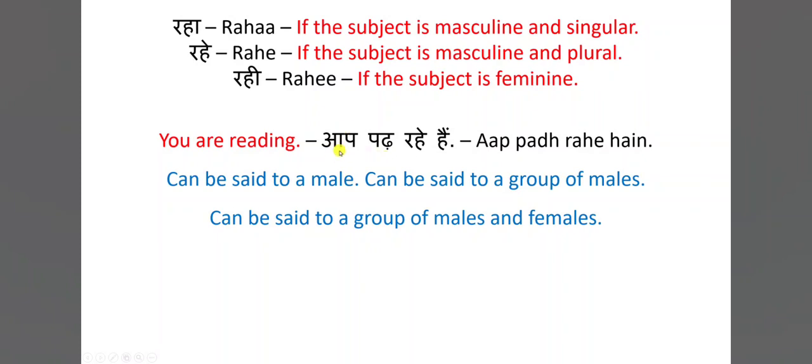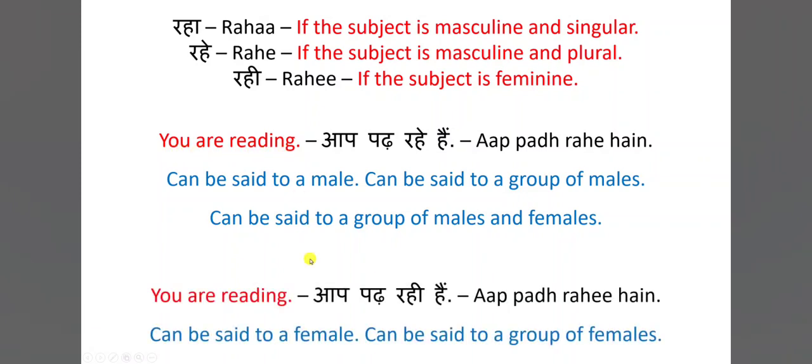Okay. आप is by default plural and so rahe is selected for ing. Okay. If you want to say this to females, then you will have to say आप पढ़ रही हैं. आप पढ़ रही हैं. आप is you, पढ़ रही is reading, हैं is are.